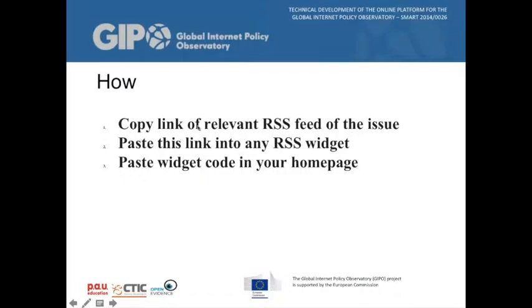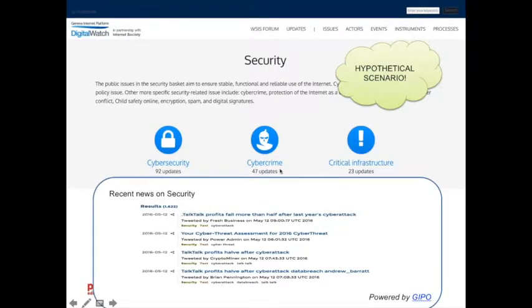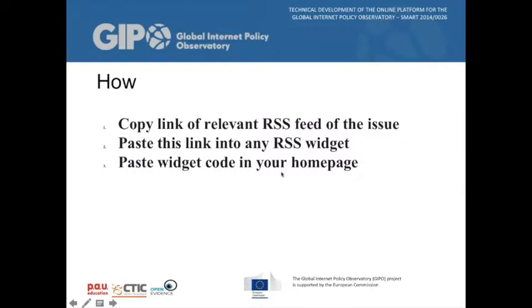You copy the link of the relevant feed of the issue, paste the link into an existing RSS widget, which very often exists in CMS type of web pages, and you can paste the code directly into your homepage code. And this is how you can come up with something like that.